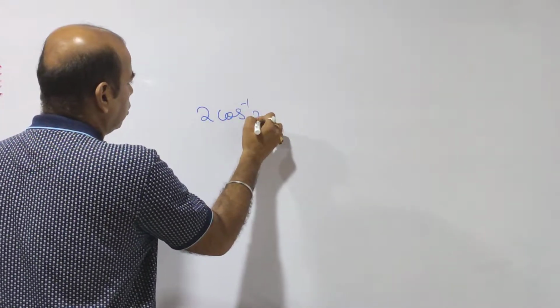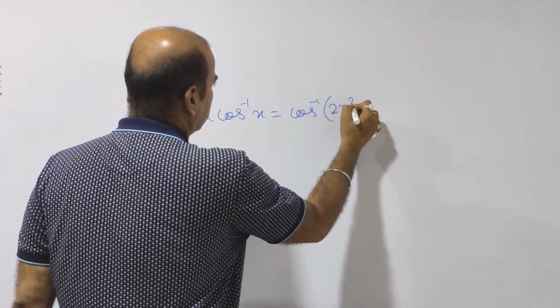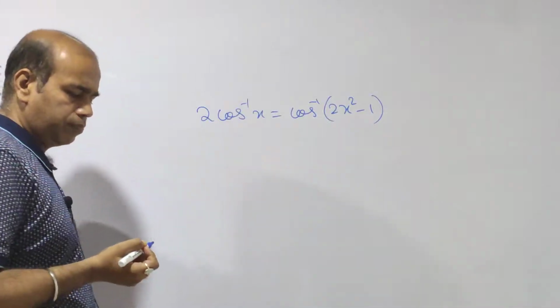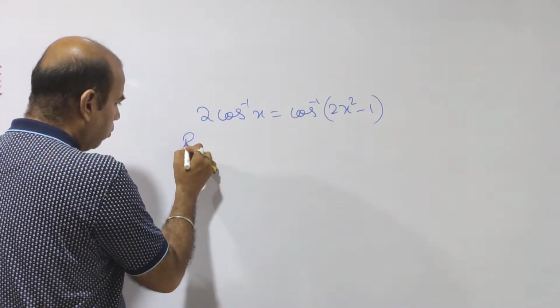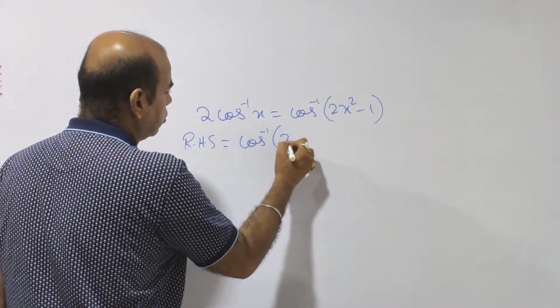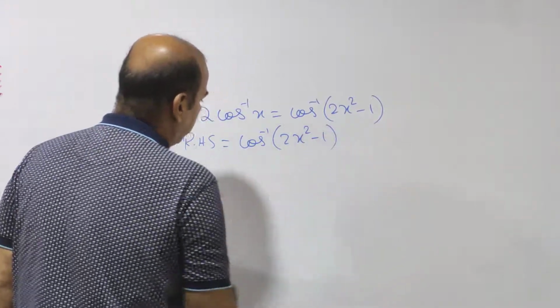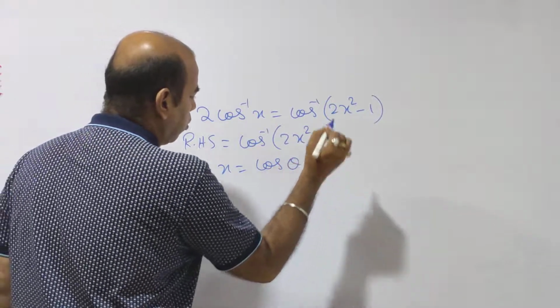2 cos inverse x equals cos inverse 2x square minus 1. This is the formula. So let me again go from RHS. It is cos inverse 2x square minus 1. Let x equal cos theta.